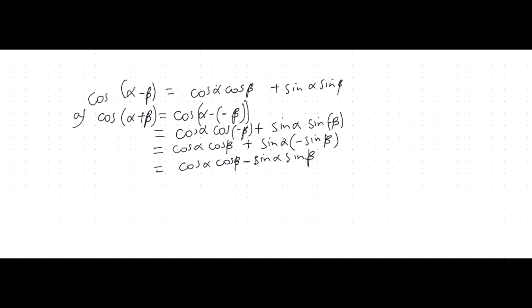Okay, let me do another one. So now we are trying to simplify. So let's say you have 2 cos 6x cos 4x minus cos 10x plus 2 sine squared x.